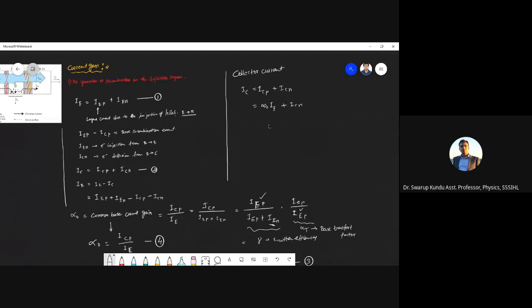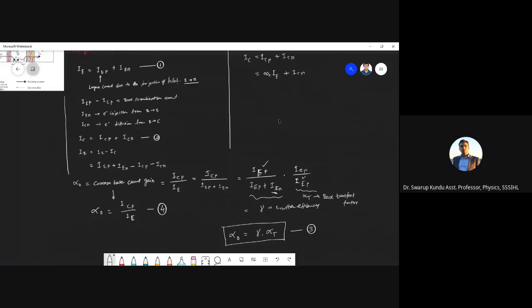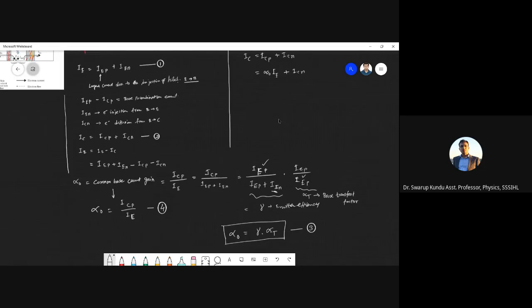Wait a minute. Something was wrong. Just a minute, I got a confusion here. So alpha T is... okay. We can write down ICP from here as well, right?